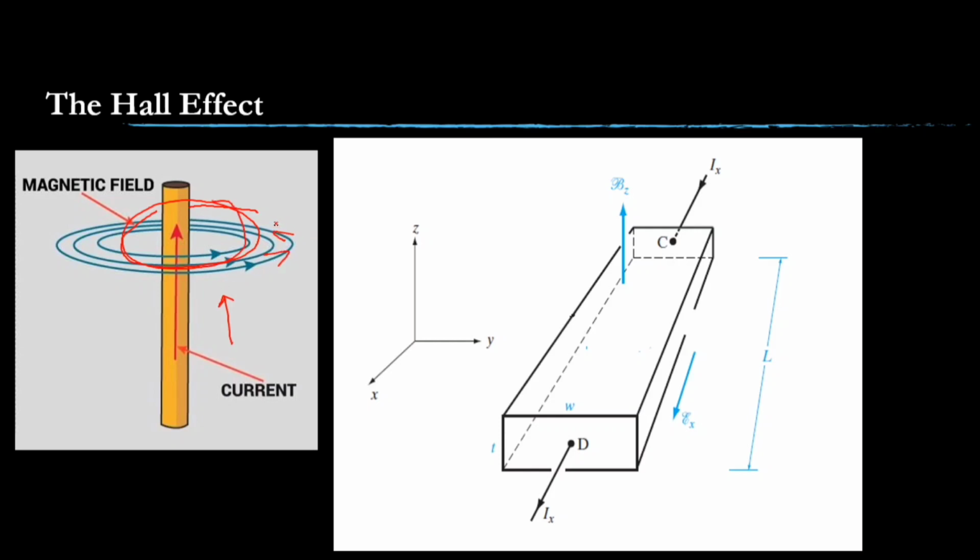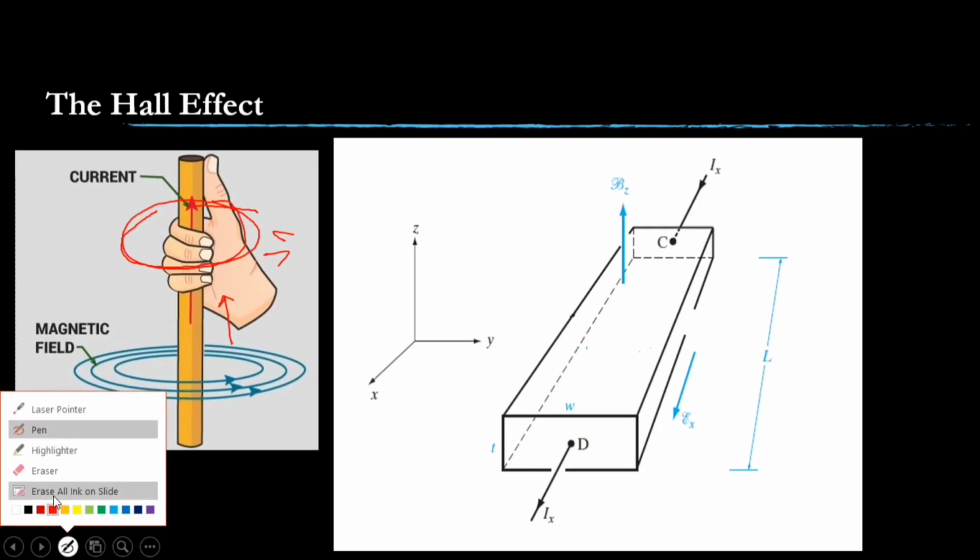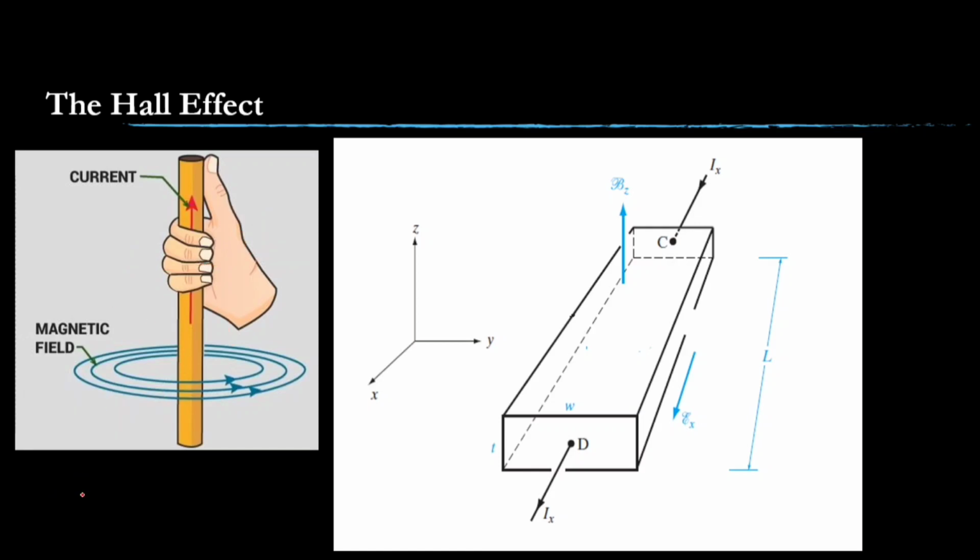There is a very easy way. You take the current carrying conductor and hold your right hand like this. The direction of the thumb represents the current, and all the other fingers represent the direction of the magnetic field.